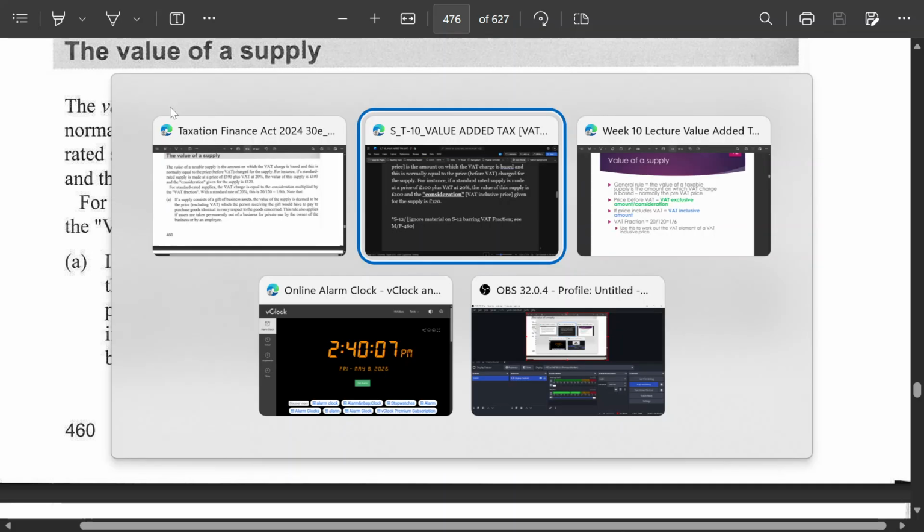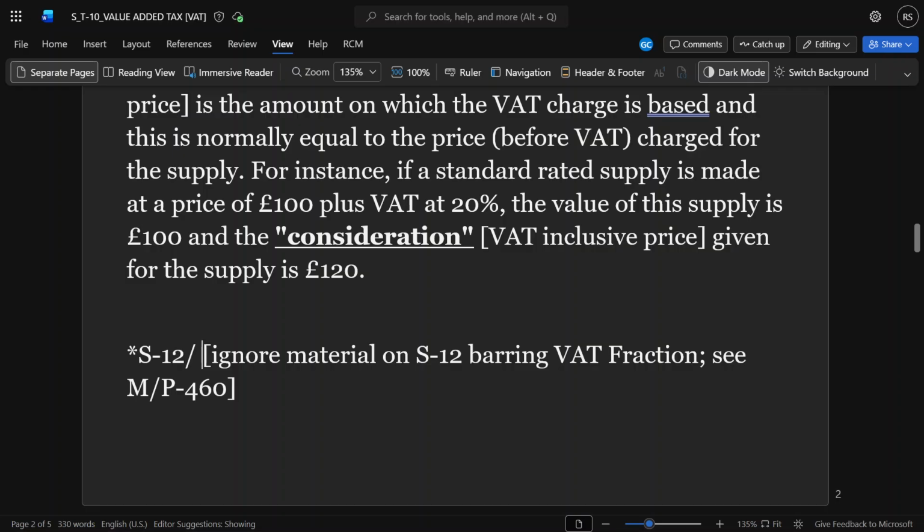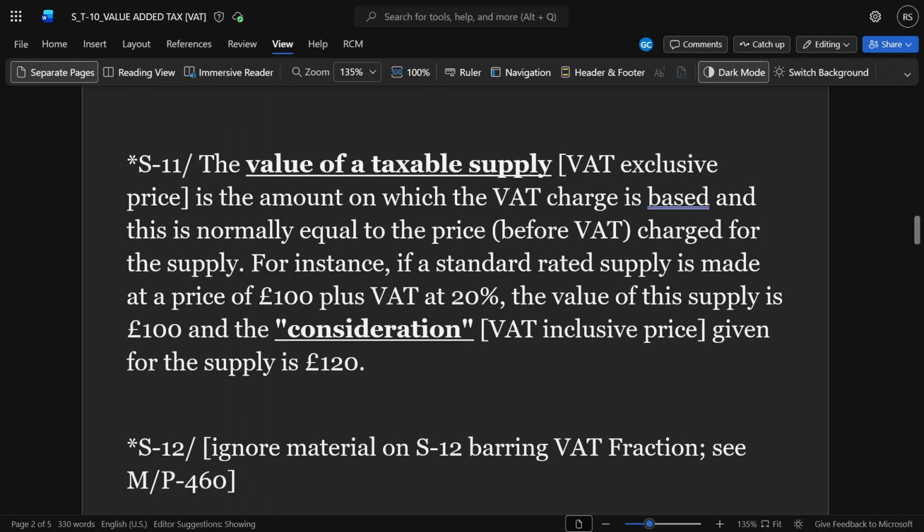So value of a taxable supply is the VAT exclusive price. And the other thing is the word that we use: the value of a supply and the consideration for the supply. The consideration is the VAT inclusive price.